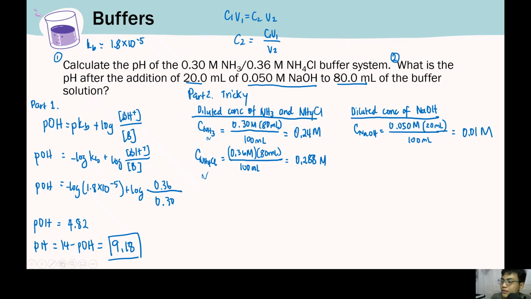Okay? So, magbabago, bale, yung kanilang concentrations. Yung sodium hydroxide, babaguhin niya yung concentration ng ammonium chloride. Not only ammonium chloride, no? Yung ammonia din. Okay? Siguro para mas ma-visualize yung maigi, I'll write the Henderson-Hasselbalch equation.